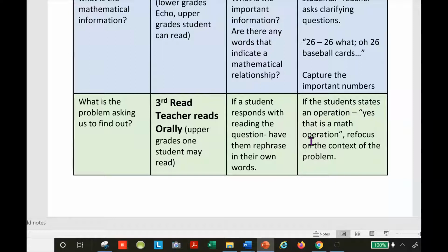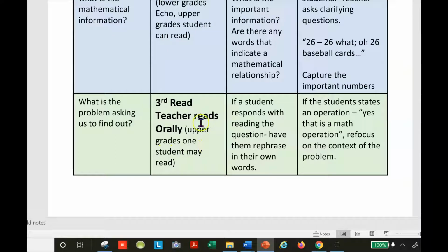The third can be back to the teacher reading or another student. But prior to that happening, what is the problem asking us to find out? We're not asking them to plan the problem or identify an operation. We want them to really focus on the question in the problem.